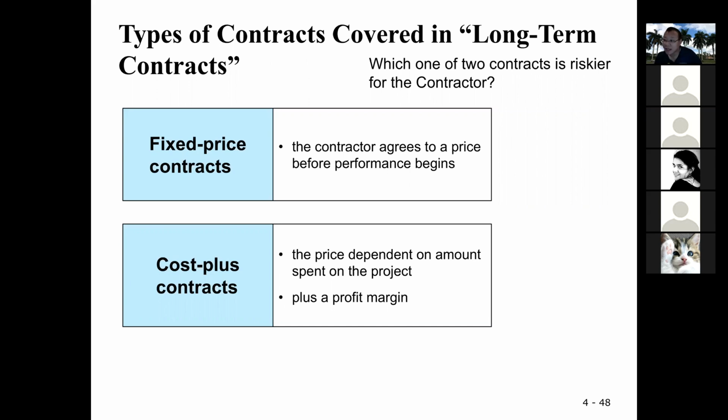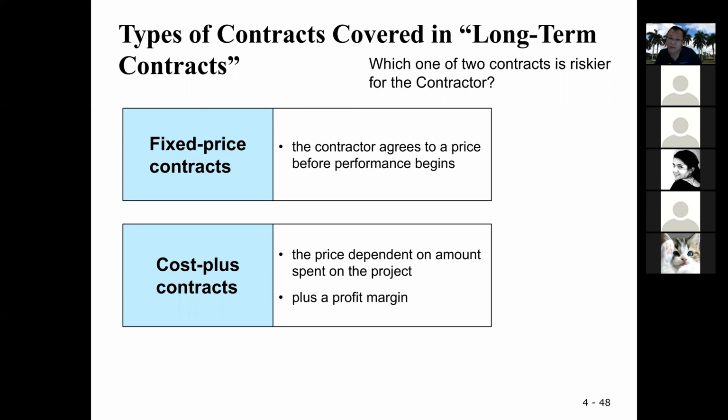The second kind of contract is called a cost plus contract. If I'm the construction company, I will not agree with you ahead of time on a fixed price. I'm going to charge you based on my cost, plus an additional 5% margin on top of my cost.